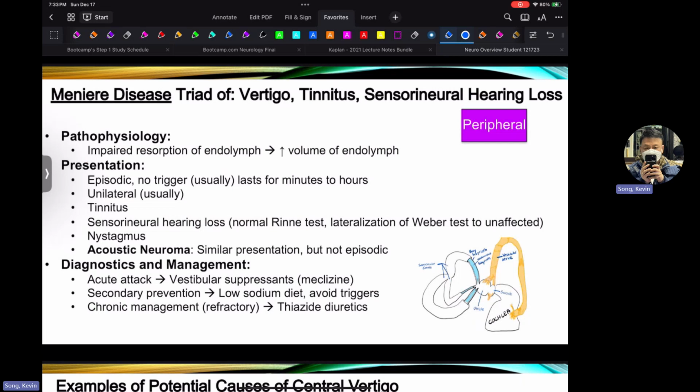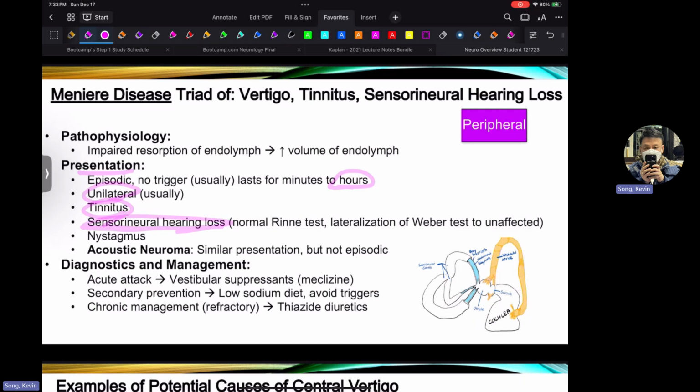What you need to know is these things here. The presentation usually lasts hours, usually happens unilaterally, and also includes tinnitus and sensorineural hearing loss.